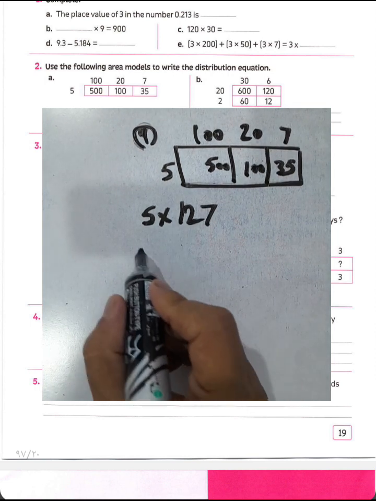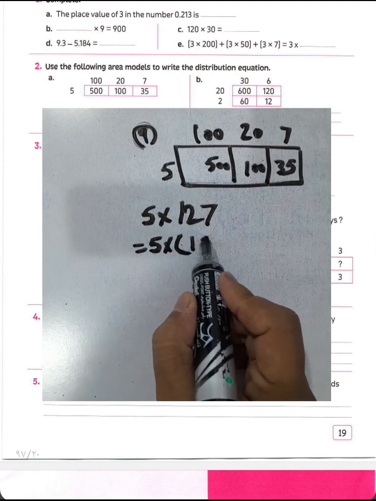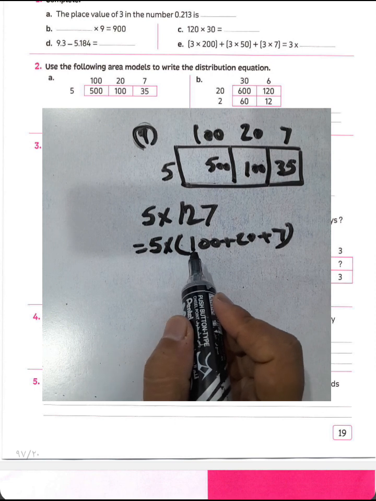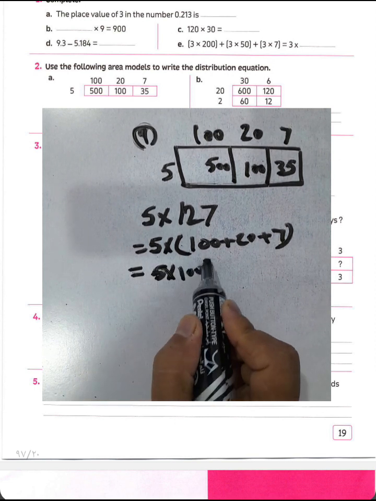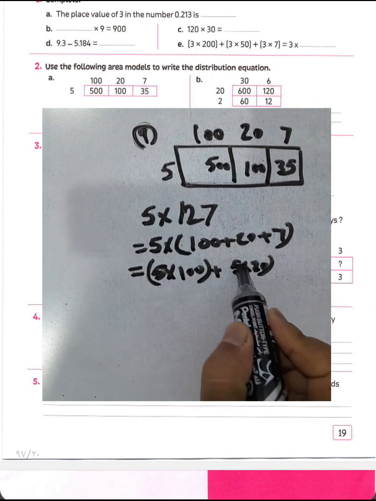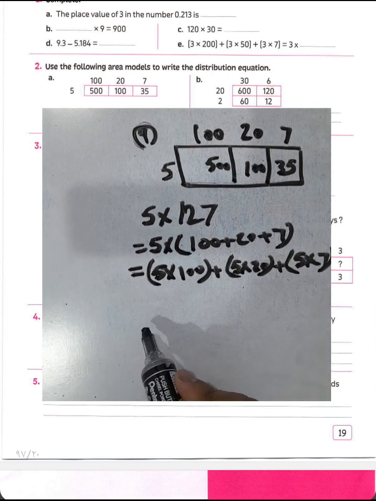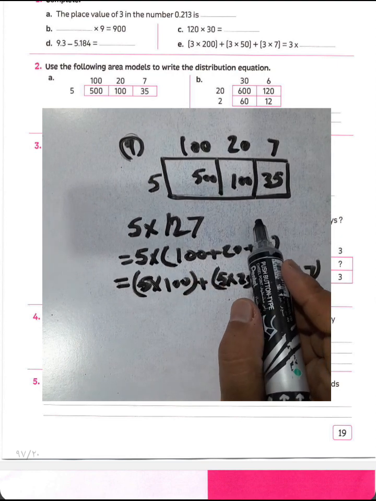And then we can use the distributive property. Write 5 multiplied by 100 plus 20 plus 7. Distributive property: 5 times 100 plus 5 times 20 plus 5 times 7. And then you can add the results: 500 plus 100 plus 35.